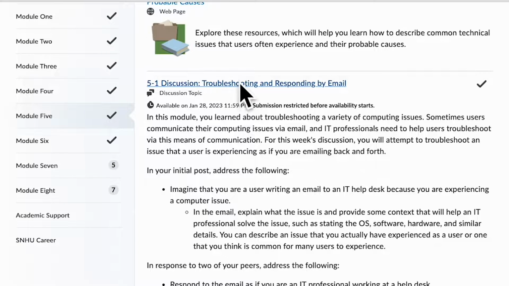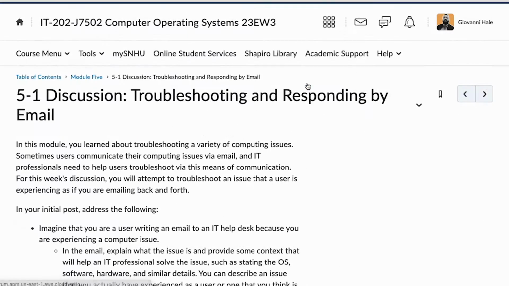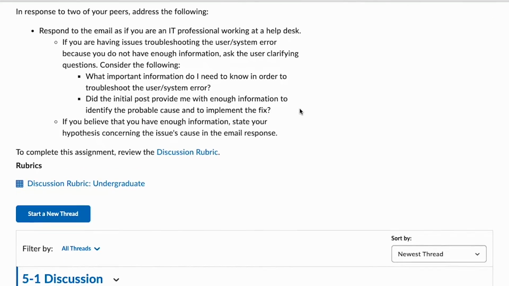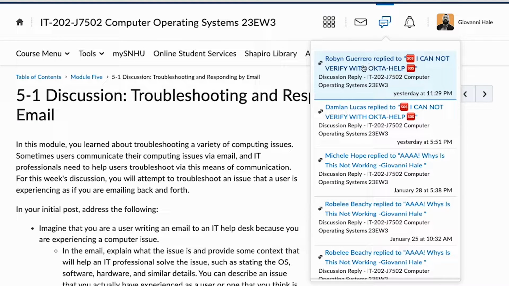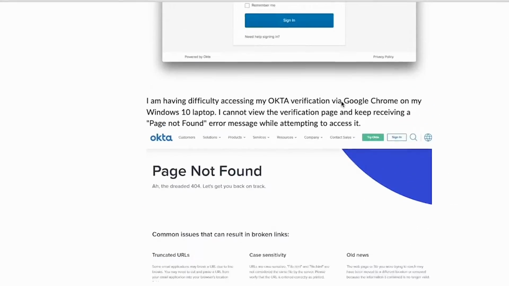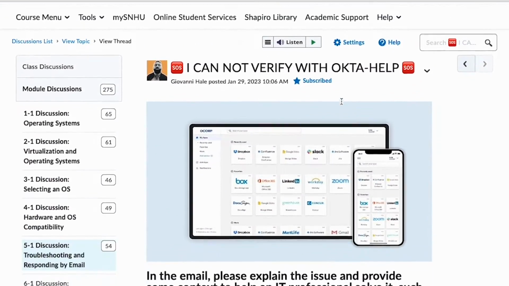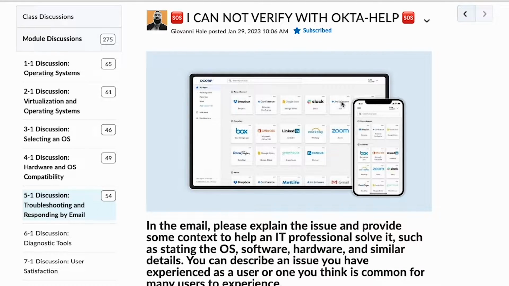This week's is on responding to a tech support email. Because some people responded to my specific issue, you get a chance to see what I wrote. I did mine on Okta, with a person writing in saying they were having trouble with the Okta issue.